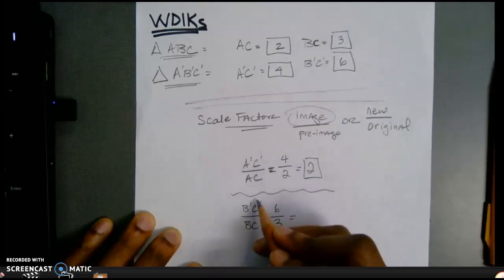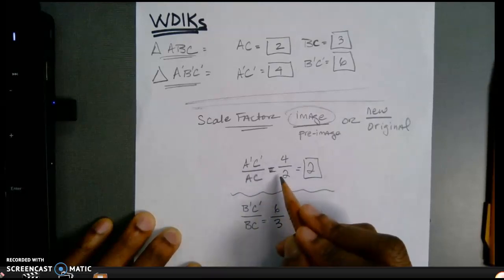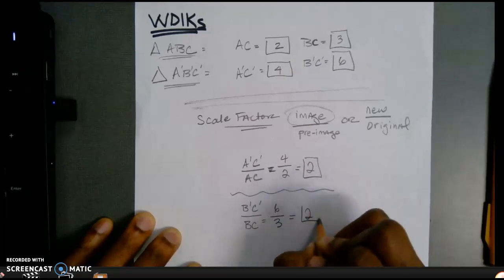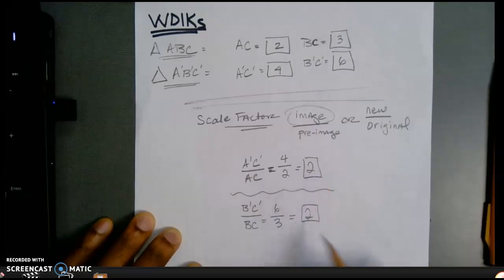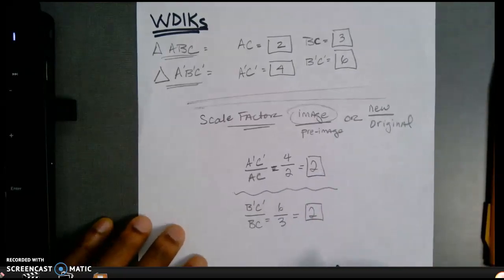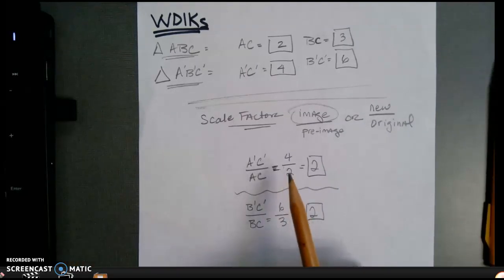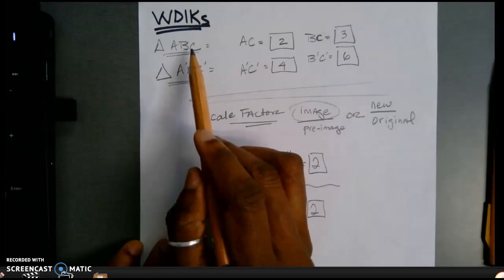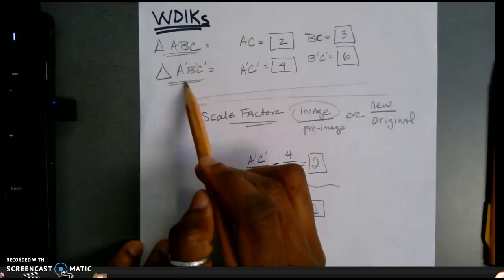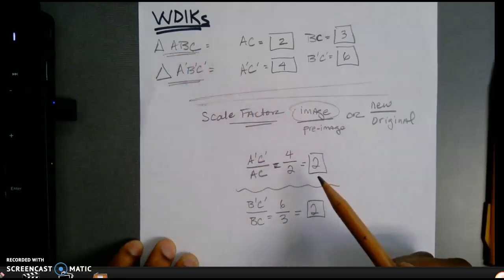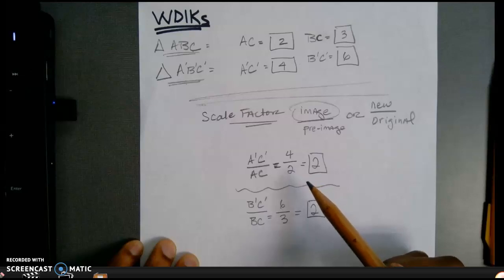Now it doesn't matter that the dimensions are different than these. What matters is whether or not when I simplify this, it comes out to be the exact same number. So in this case, my scale factor is 2, okay? Because I've compared my units from my original to my new, also known as your image and your pre-image. How was the pre-image affected? Was it reduced or was it enlarged?